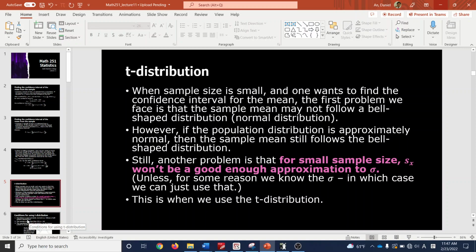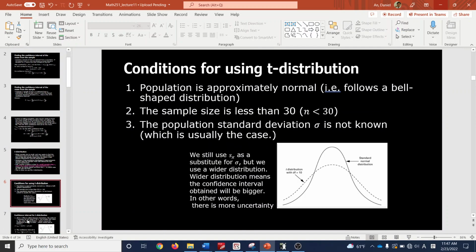Okay, so let me explain what this is about. So we're assuming that the population is approximately normal, and the sample size is less than 30, so that using the normal distribution to find the confidence interval for the mean is not trustworthy.